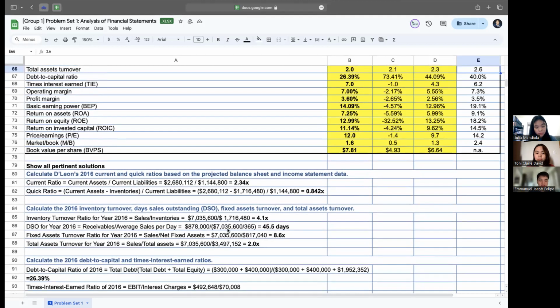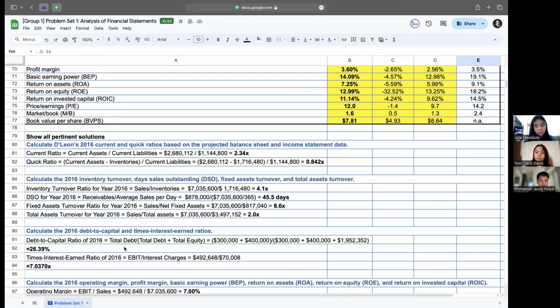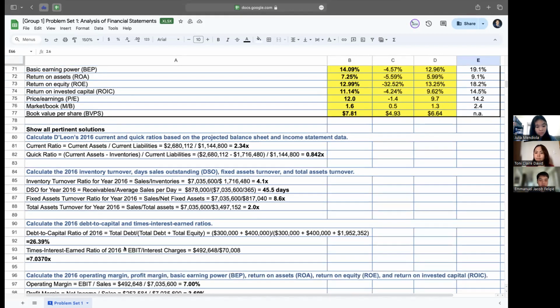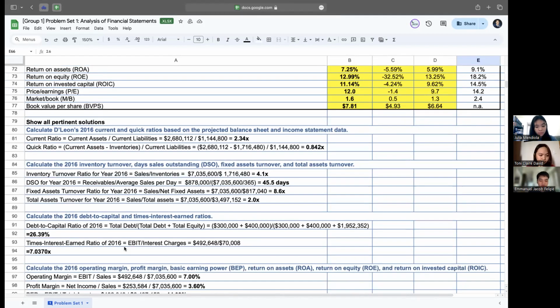So for the third set of computations, we will run through the debt management ratios, which measure how effectively a firm handles its debt. For this set of data, we will be specifically handling the debt to capital ratio and the times interest earned ratio. For the first one, the debt to capital ratio can be computed by dividing the total debt by the sum of the total debt and total equity.